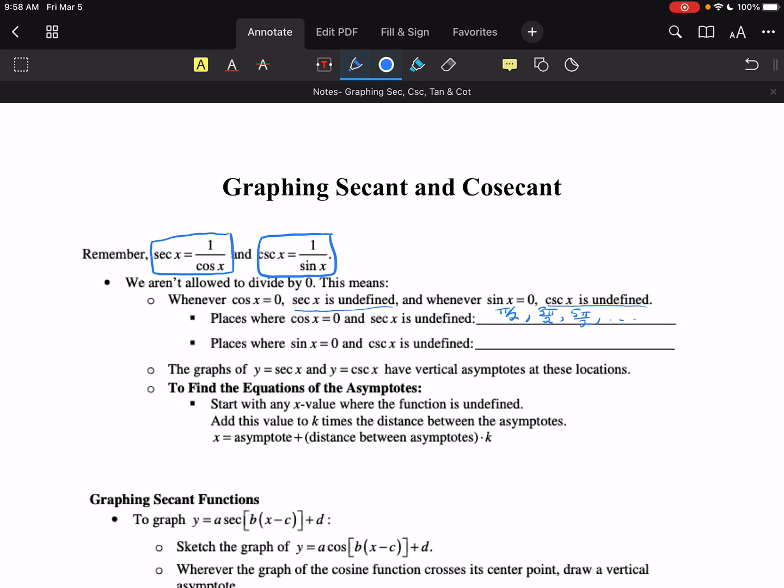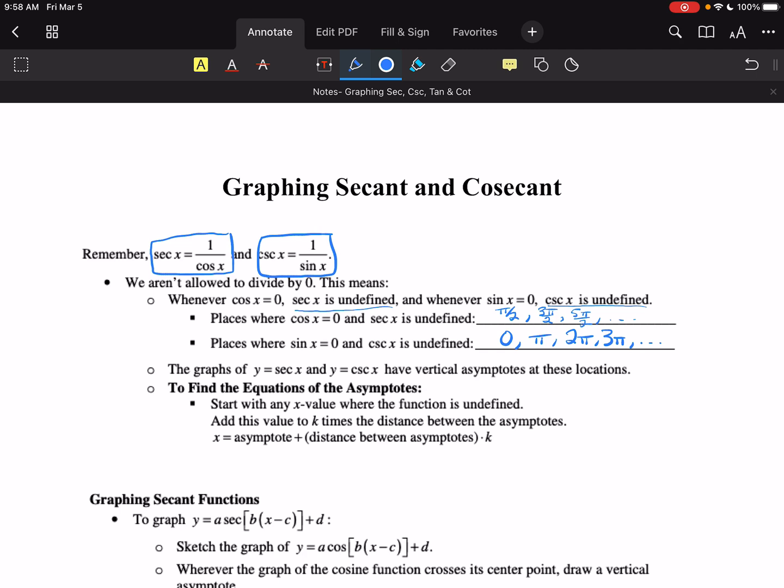Places where sine of x equals 0, that's what makes cosecant undefined. Those would be at my 0 and pi's, right? So 0, pi, 2 pi, 3 pi, on and on. So we deal with graphing undefineds with asymptotes, so we're going to have some vertical asymptotes here.